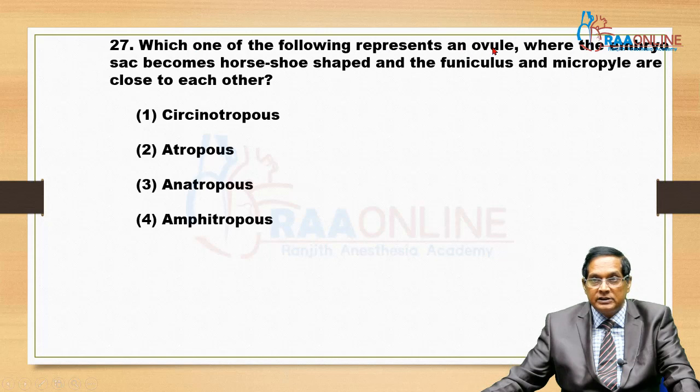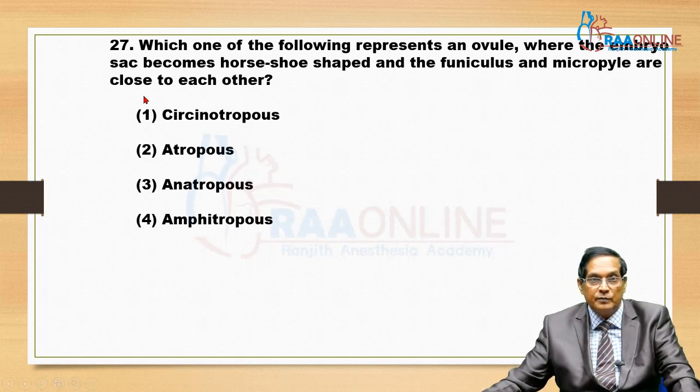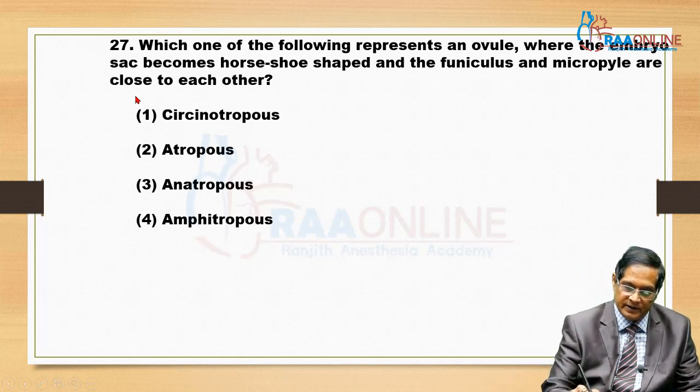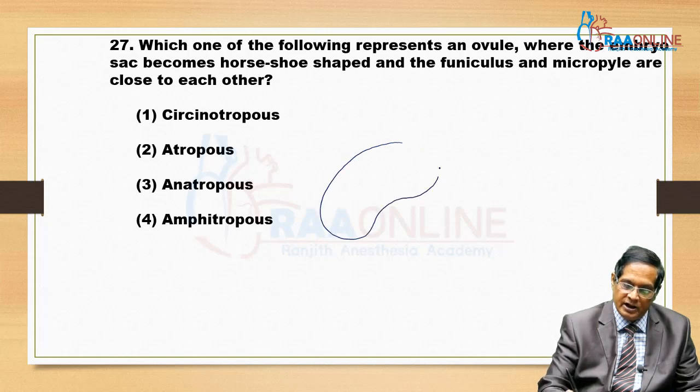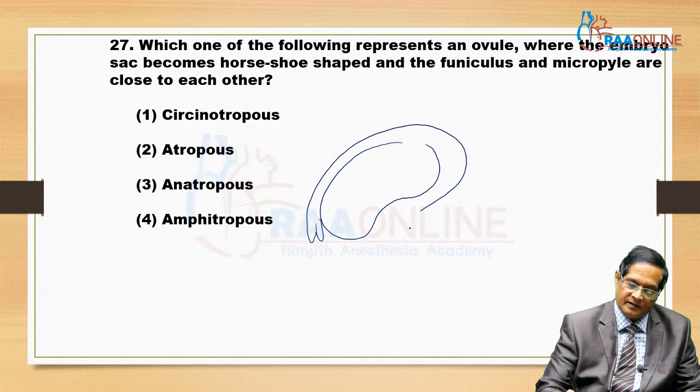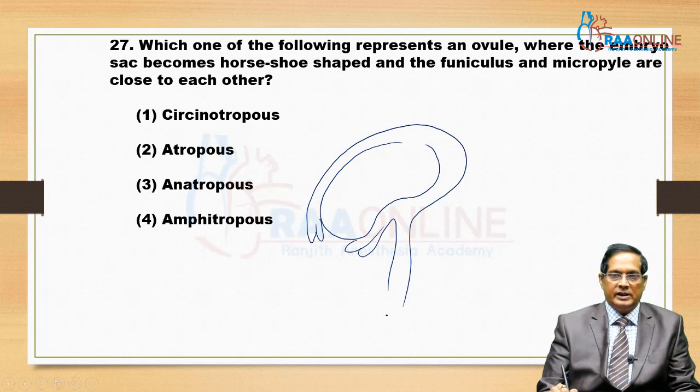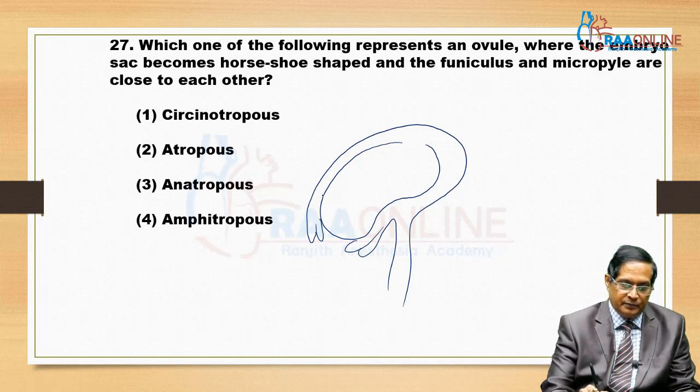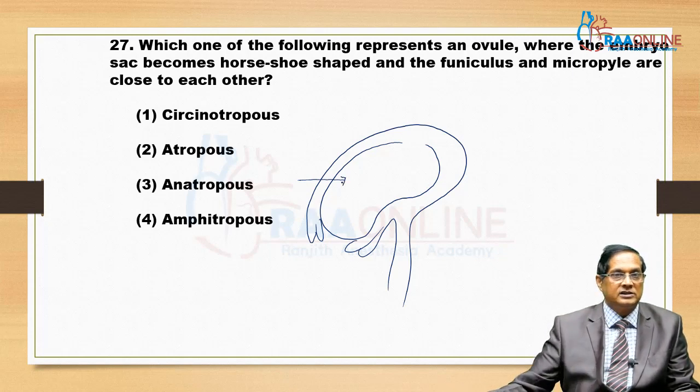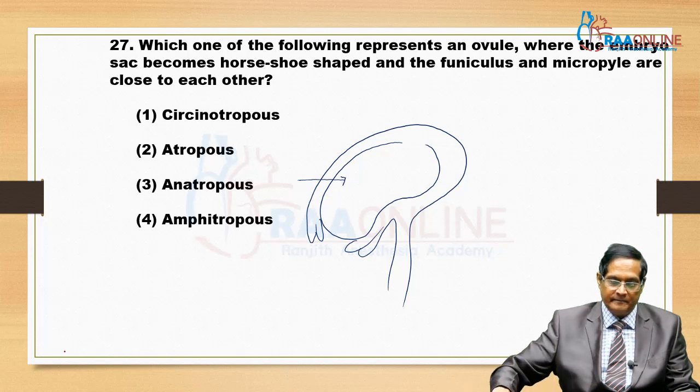Which of the following represents the ovule where the embryo sac becomes horseshoe-shaped and funicle and micropyle lie close together? See this one. This is the body of ovule. It is curved. The prominent portion of any ovule is the nucellus, and inside the nucellus the embryo sac or female gametophyte is present.